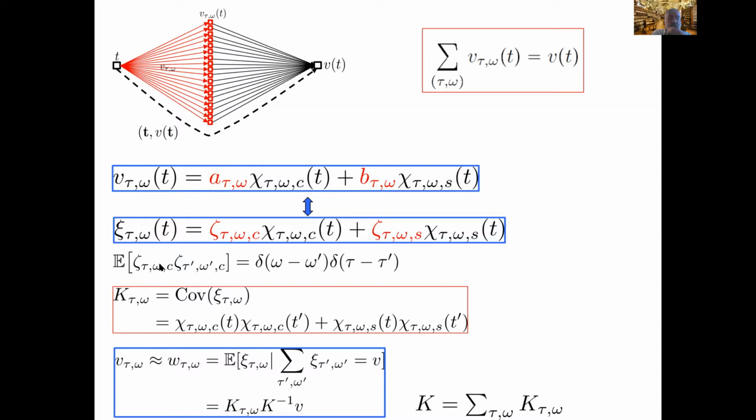Then you can approximate the fine mode v_{tau,omega} by computing the conditional expectation of the GP ξ_{tau,omega}, given that the sum of ξ's must be the observed signal V.